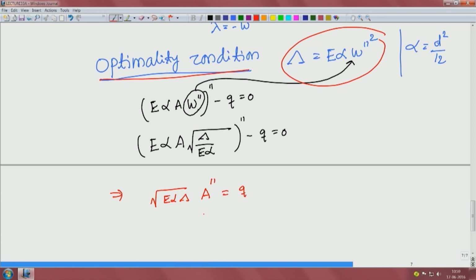So, if I want to get area of cross section, I just need to integrate twice. That is, E alpha lambda that I have, okay, times I will have integral of Q of x. First time, let us write step by step, A prime, I will get integral of Q dx. Q is a function given to us, we can integrate it, and then there will be a constant, okay.